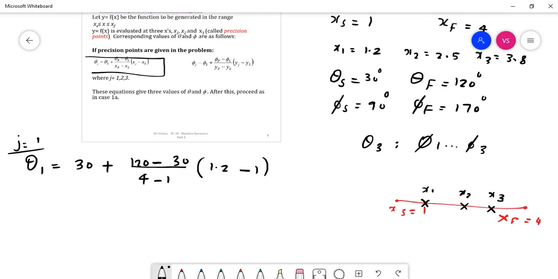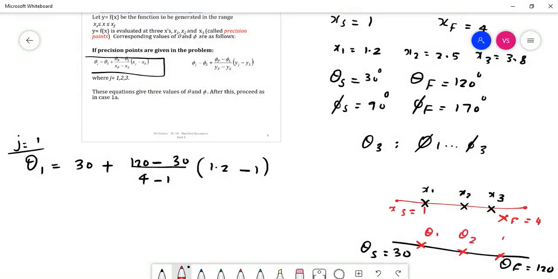Now given that theta s is 30 and theta f is 120, we are going to find three values of theta here. That is theta 1, theta 2, theta 3. This is given, this we are going to find. That's what we are doing now.